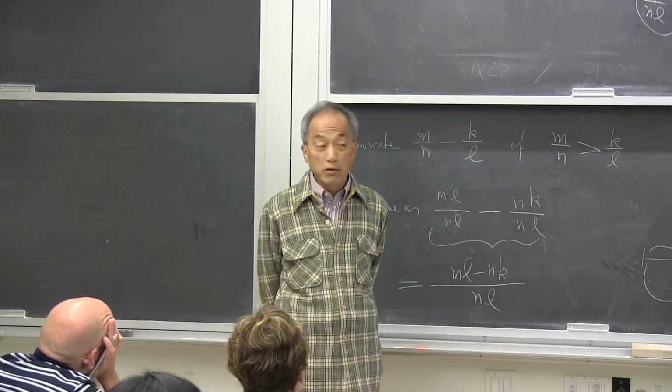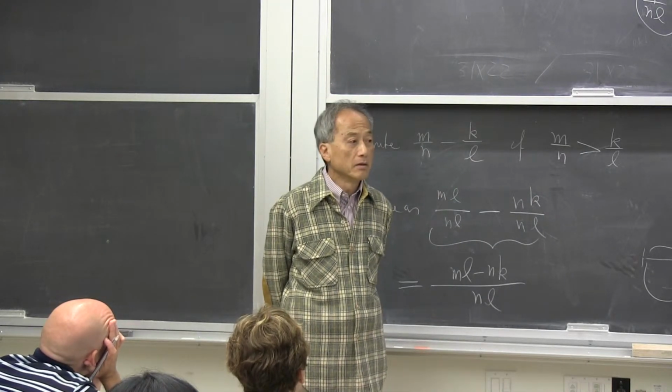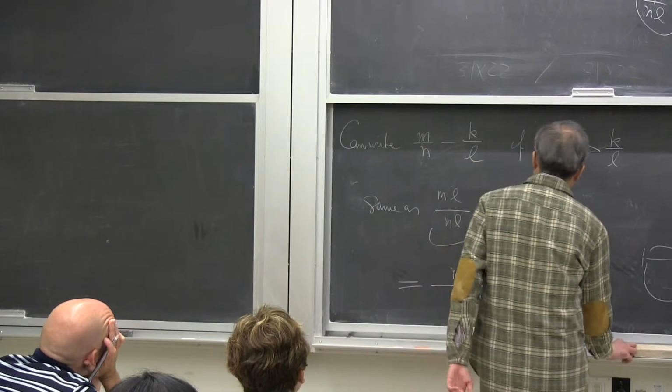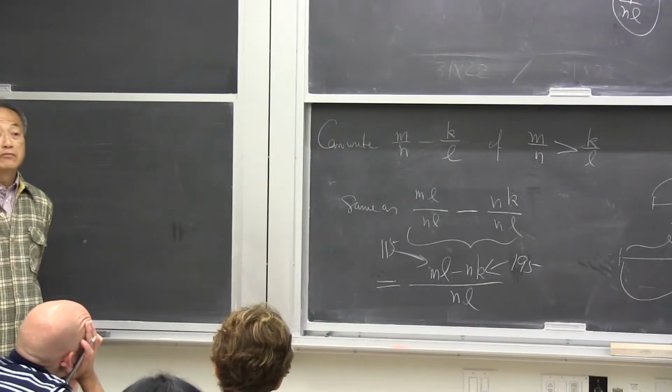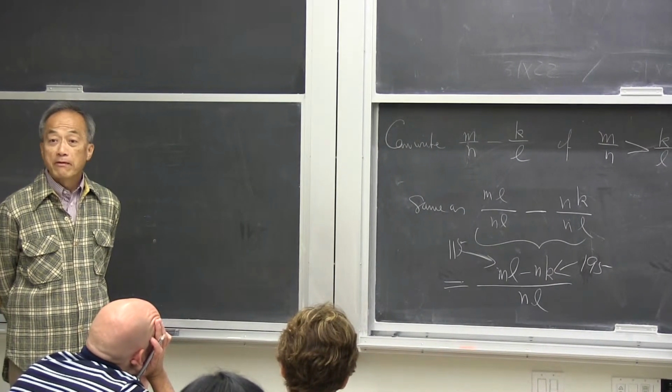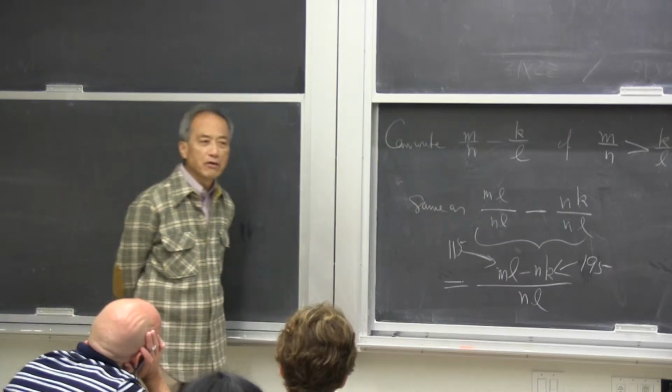Then you have no game to play, right? If this turns out to be 115, and this turns out to be 195, then you have no game to play. 115 minus 195, that won't work. Correct? Do I make sense to you?